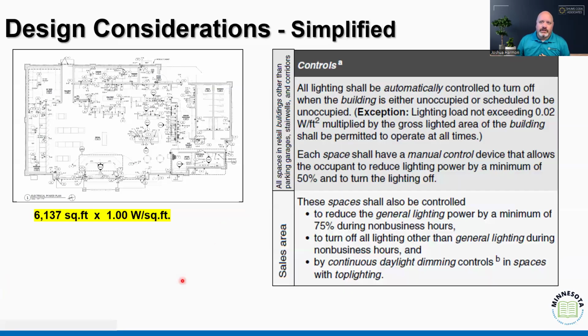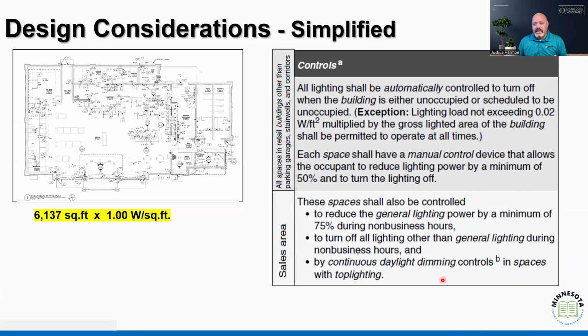But we don't forget that there are also controls associated with it. And so for those spaces, we're going to have some expectations on those controls. If we're looking at that sales area, these areas are going to be reduced to general power lighting by a minimum of 75% when off hours, assuming that there's off hours in certain operations within that retail space.